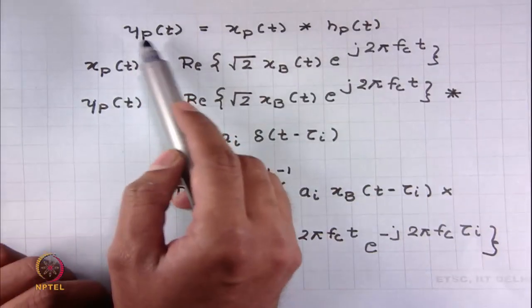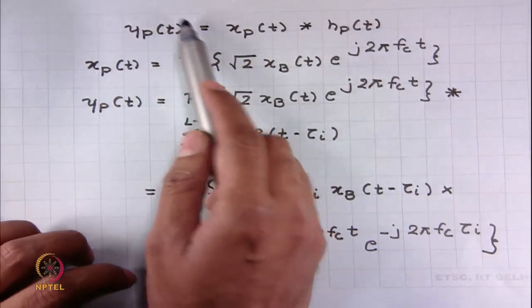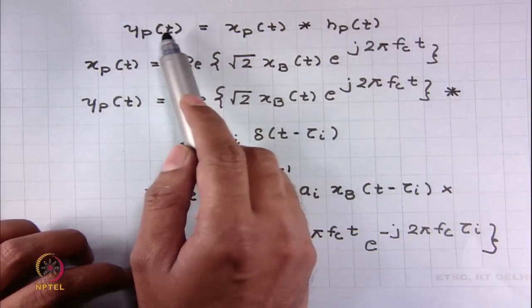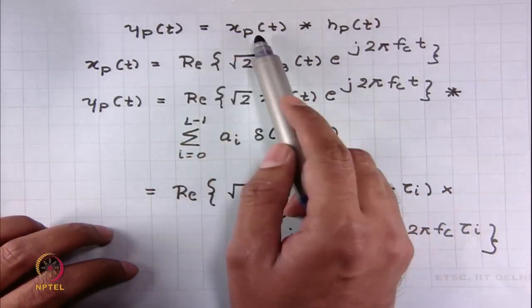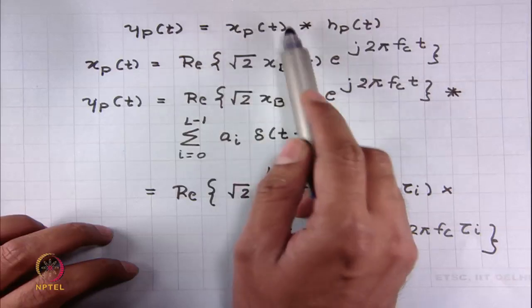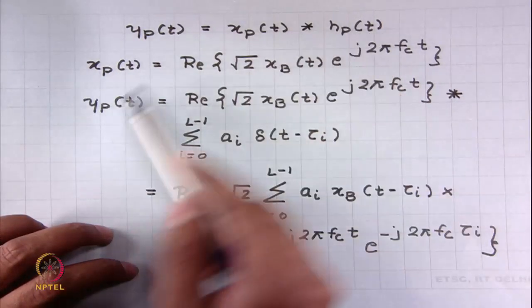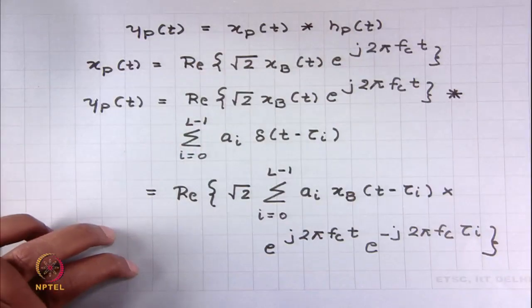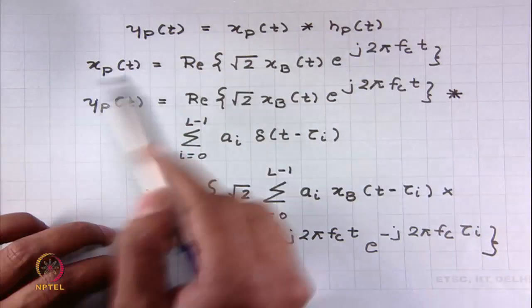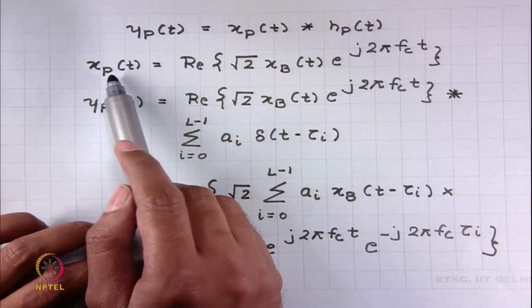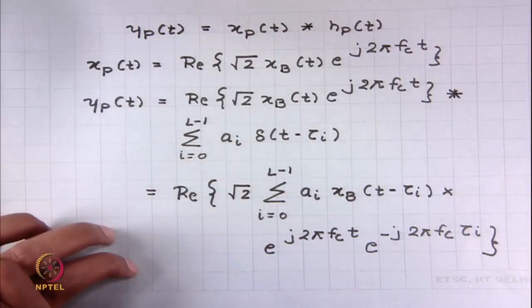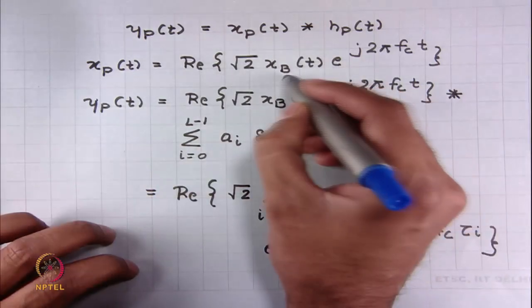If I have to think about the received passband signal, it can be obtained by convolving the input with the impulse response of the channel. This is clear, we have been doing this all the while. Now, this passband signal can be thought of in terms of the baseband signal.